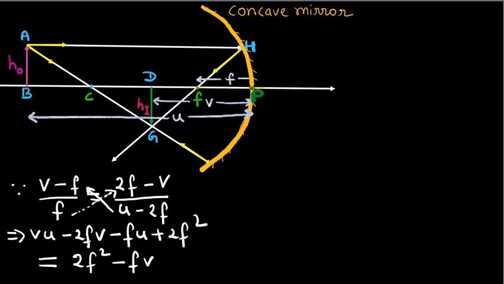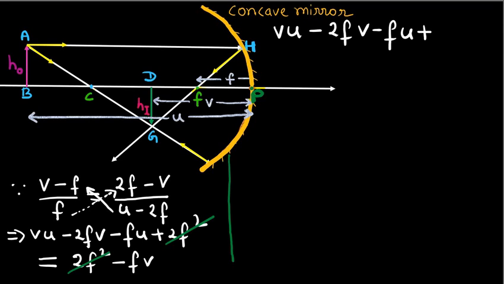Now we will see some cancellations if possible. 2F square cancels on both sides. Then putting the like terms together, we have VU minus 2FV minus FU, and transposing that single term from the right side to the left side, we have plus FV equal to 0.